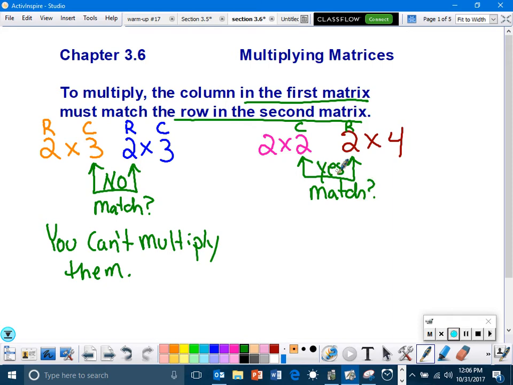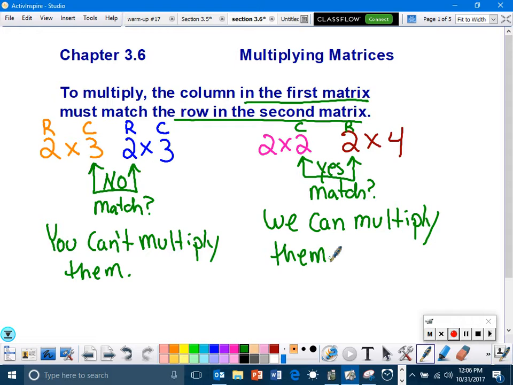Yes, they do match. Okay, that means we can multiply them. Okay? So, you got to watch out for that. It's not the exact same rule as when we added or subtracted.